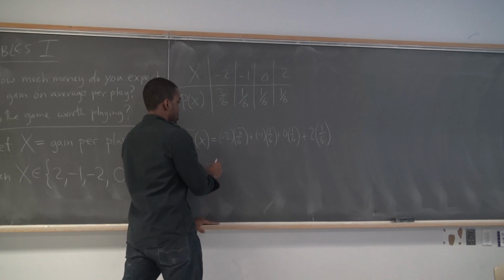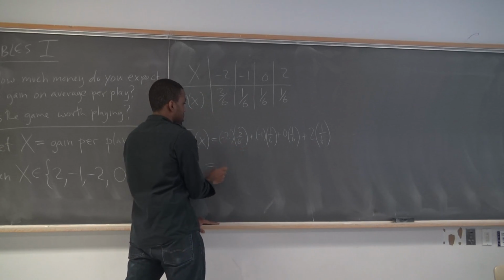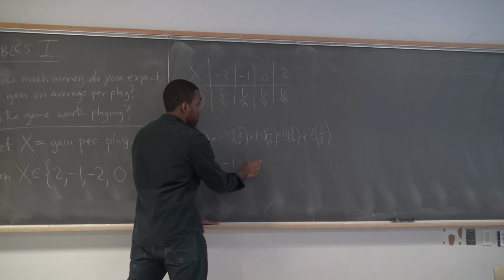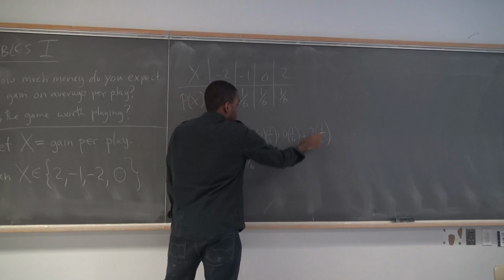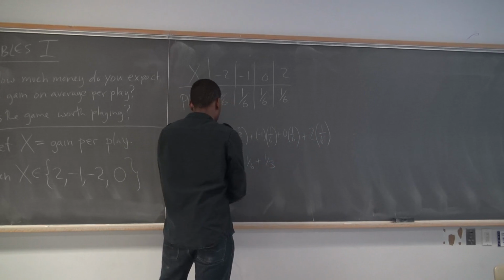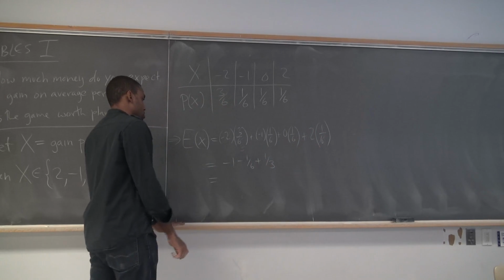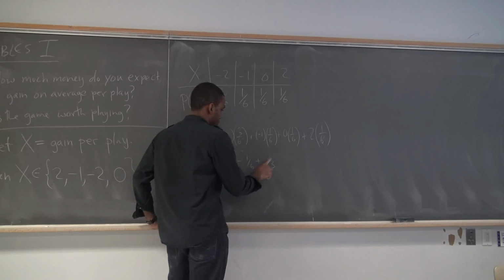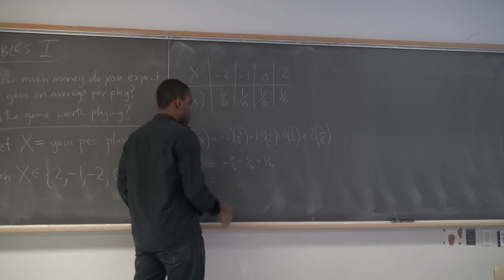So this is basically -1 minus 1/6 plus 1/3. Think of this as 2/6, and this as 6 out of 6.